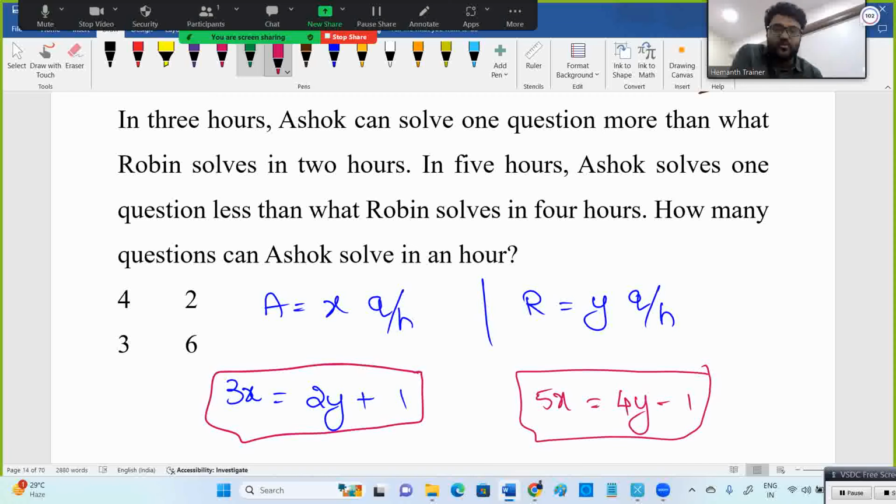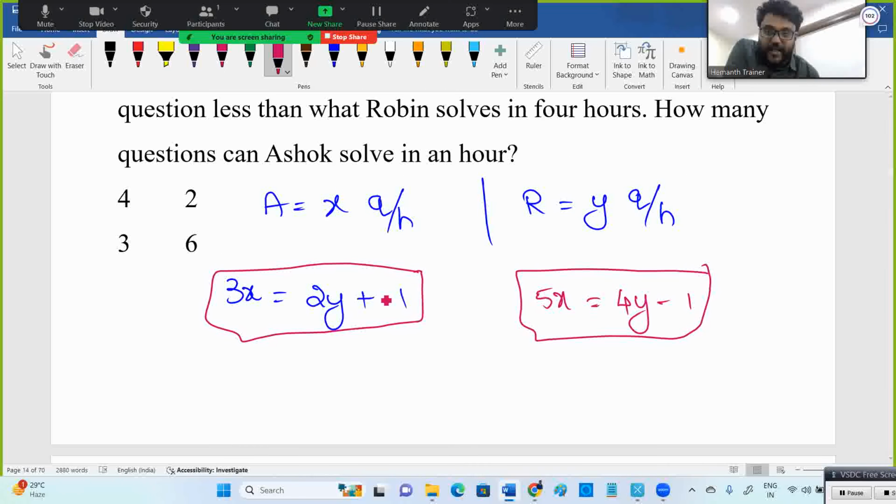So solving these two equations. If you double the first one, then 4y will anyhow get cancelled. So the first one doubled is 6x equal to 4y plus 2. Here 5x equal to 4y minus 1. So subtracting these two, x equals 3. x is nothing but the number of questions Ashok solved in an hour.